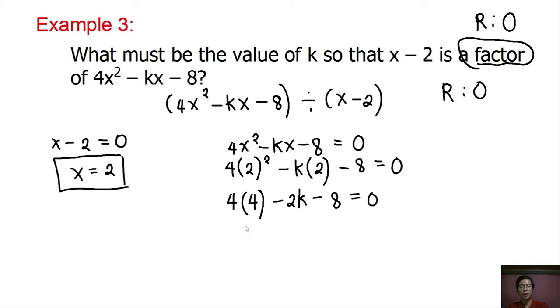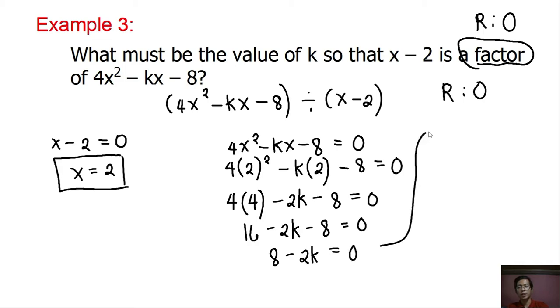4 times 4 is 16 minus 2k minus 8 is equal to 0. 16 minus 8 is 8 minus 2k is equal to 0. So, continue natin yung ating solution. So, pag nilipat si 8 sa right side, magiging negative 8.